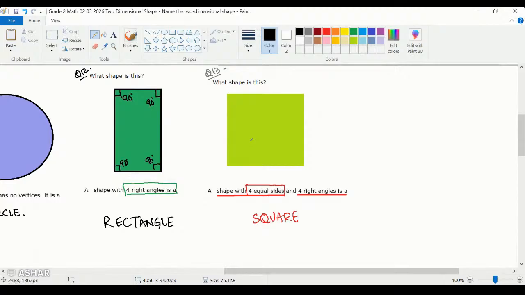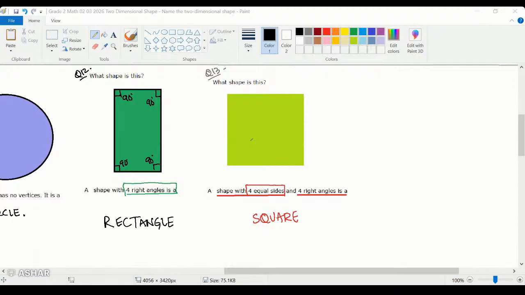Okay, so the difference between a square and a rectangle is a square will have all four sides of the same length, but in a rectangle the sides will be different. Agreed? Okay, let's look at another option. Perfect, thank you. Moving ahead for the next question.